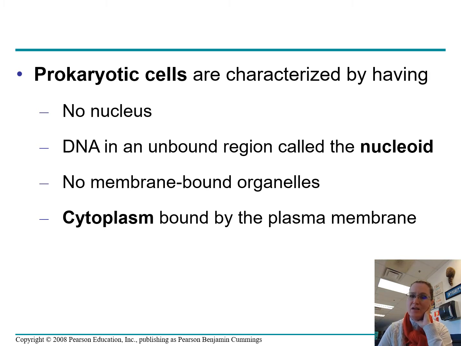So prokaryotes are, like I said, bacteria. They are single-celled. What differentiates them from eukaryotes is they do not have membrane-bound organelles. So they don't have a nucleus, they don't have mitochondria, they don't have all the organelles that you might have learned about in middle school or maybe your biology class before you got to AP. There's no nucleus, but there is genetic material. It gets stuck into a little region called the nucleoid region, or the nucleoid, so that when it goes through binary fission, which is how bacteria reproduce, it pinches in the middle and then it becomes two.